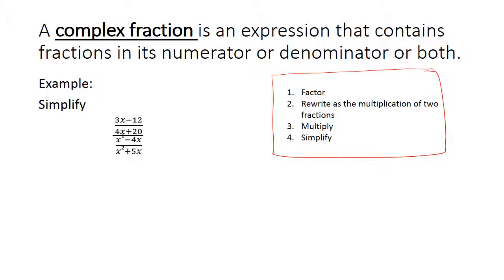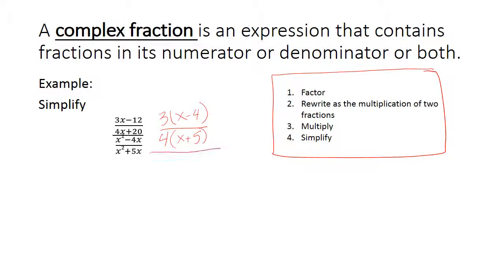I like to factor everything first. I think that it makes everything look a bit nicer. So I'm going to go ahead and factor this first fraction in the numerator. I could pull out the numerator of the numerator, if you will. I could pull out a 3, so I'd have 3 times x minus 4 over 4 times x plus 5.